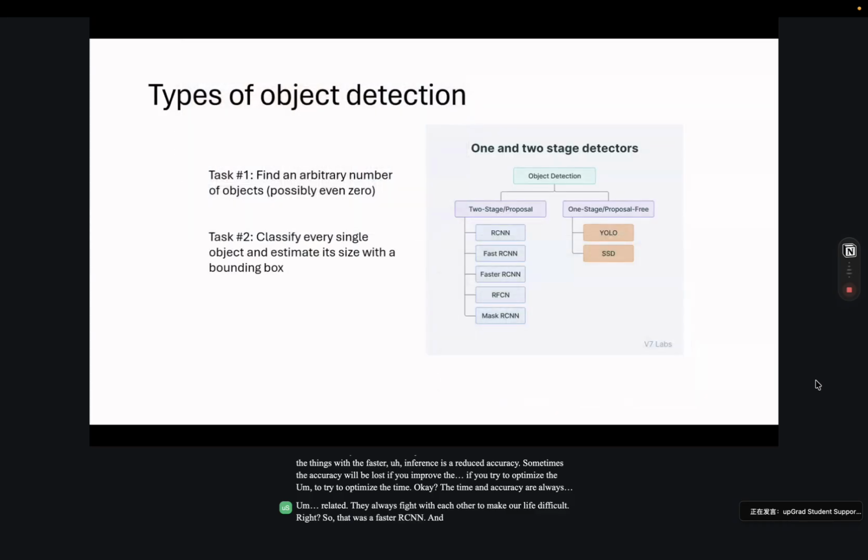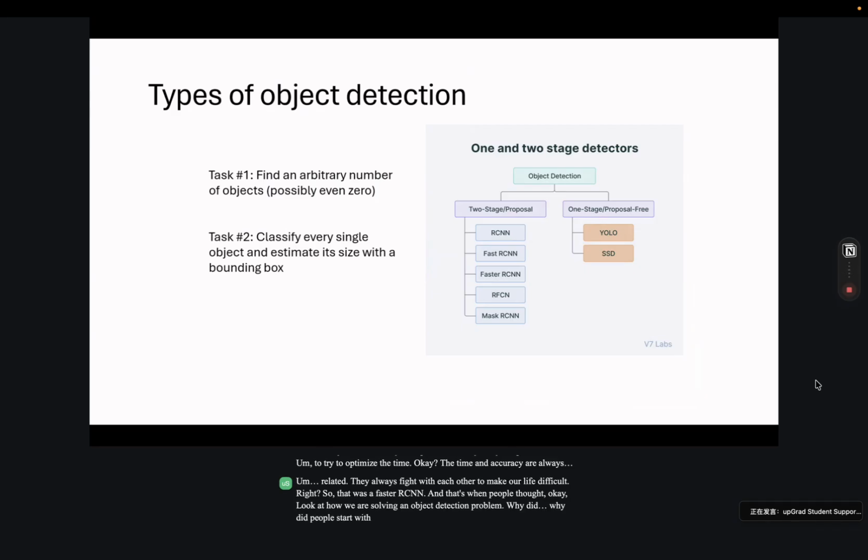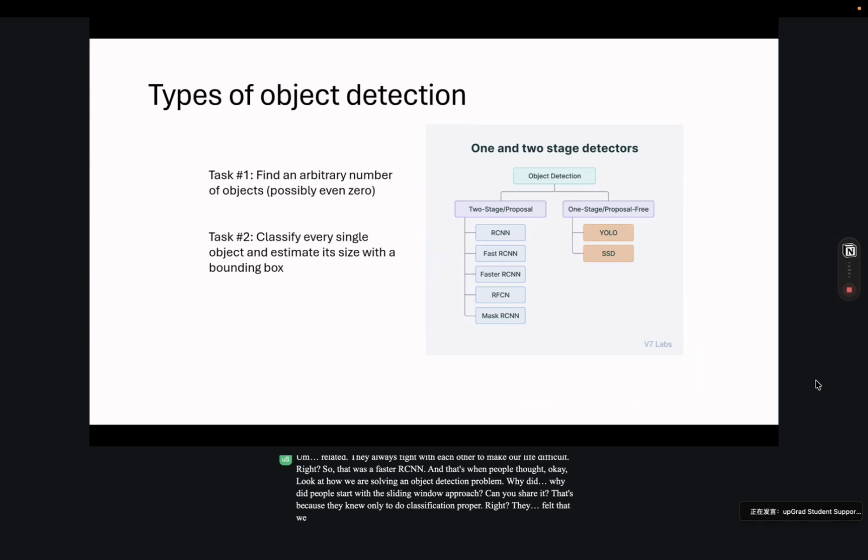And that's when people thought, okay, look at how we are solving an object detection problem. Why did people start with the sliding window approach initially? That's because they knew only how to do a classification problem. They felt that we can solve a detection problem using the approaches that I have for classification.